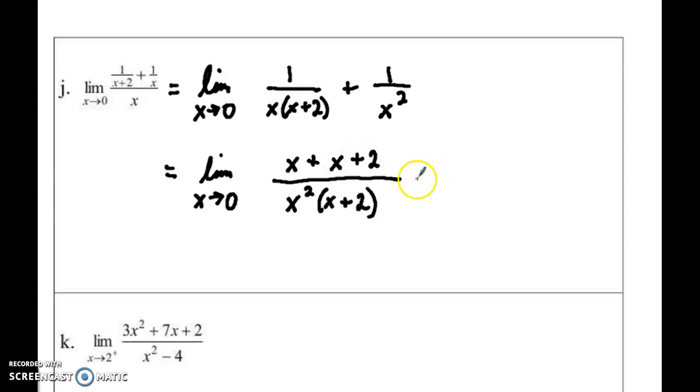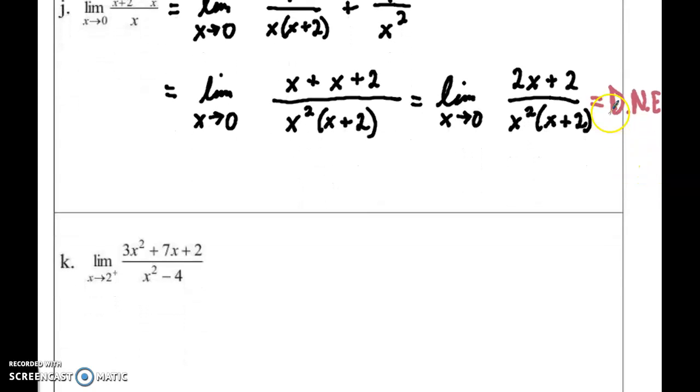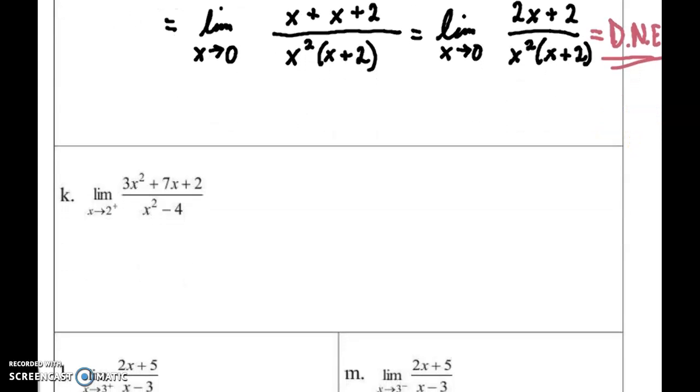So what we have is the limit as x approaches 0 of 2x plus 2 over x squared, x plus 2. Oh, I'm looking at this and nothing cancels. So this is one of those does not exist still. Even though we were able to do some math, it didn't cancel anywhere. So we're going to get to does not exist.